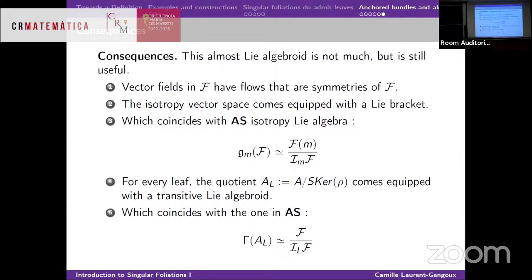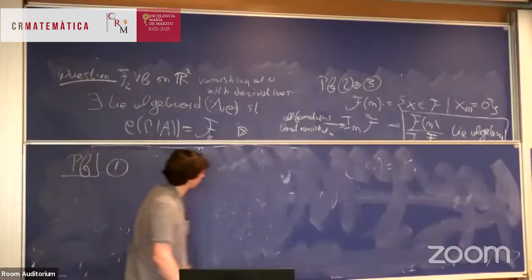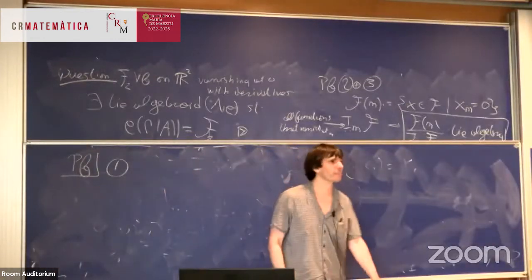I still wanted to explain the idea of how we can prove that flows of vector fields in F are a symmetry of F. How can we prove that? So I'm going now to 1. Yes?